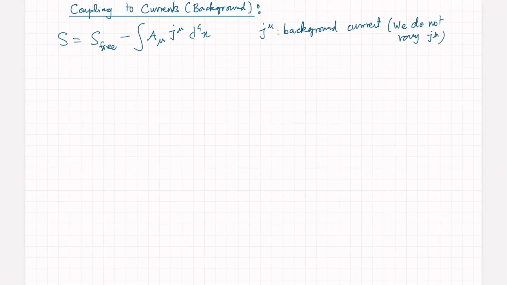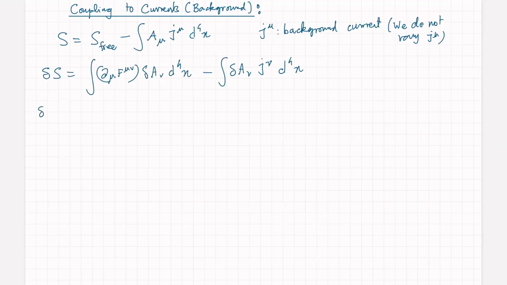So what happens when I vary, delta S, now? For delta S free, we already know what we get. We get del_mu F^{mu nu} delta A_nu d^4x. And here I will simply get delta A_nu J^nu. I renamed the dummy indices to nu so that I can take things common.